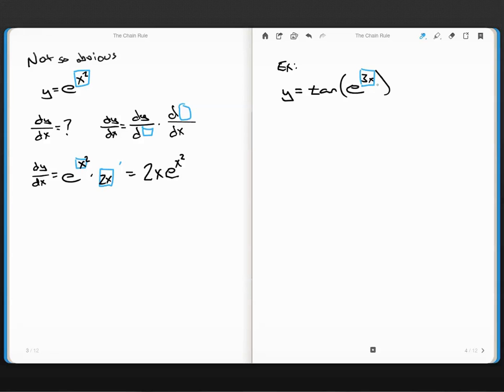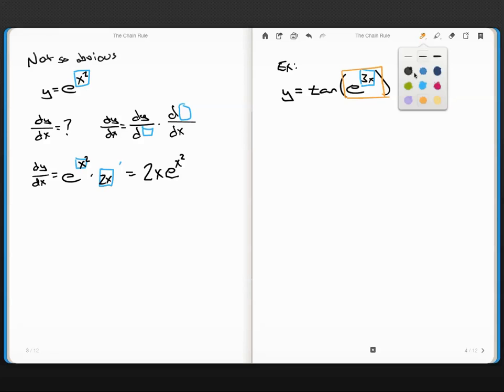But that's really part of a bigger function, which is e to the 3x. Let's make an orange box, which finally is inside this tangent function. So y depends on the tangent of the orange box. The orange box depends on the exponential of the blue box. So we've got three functions inside of a function: a blue function inside of an orange function, inside of the original y function.